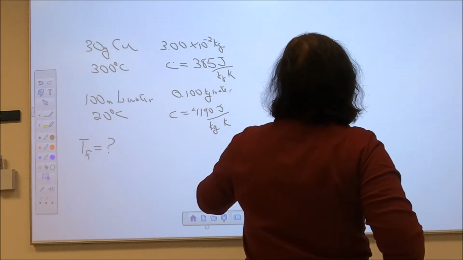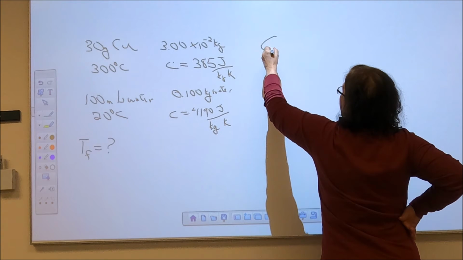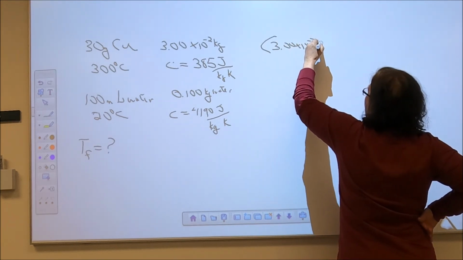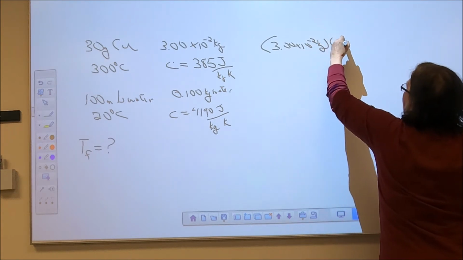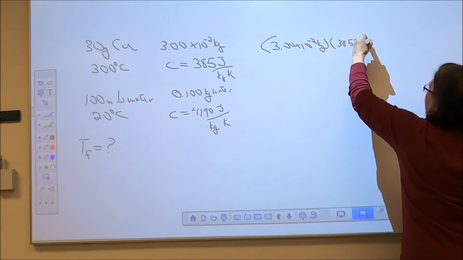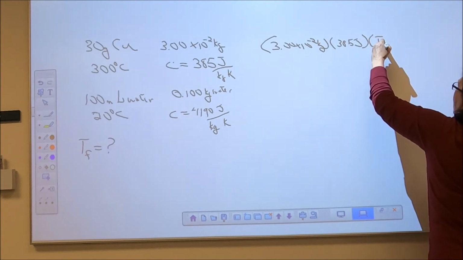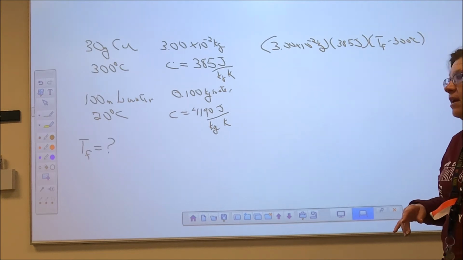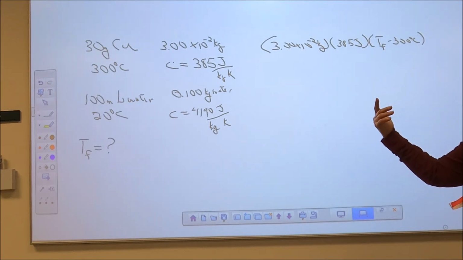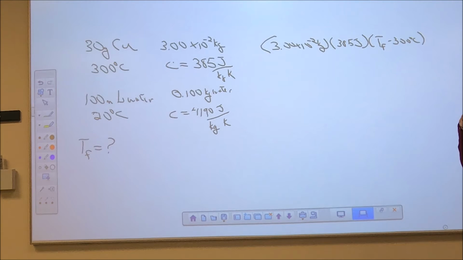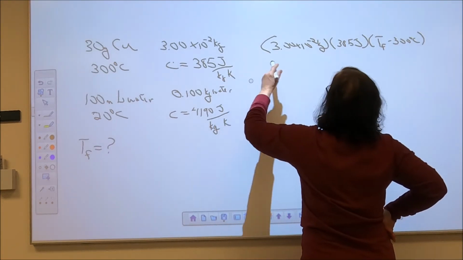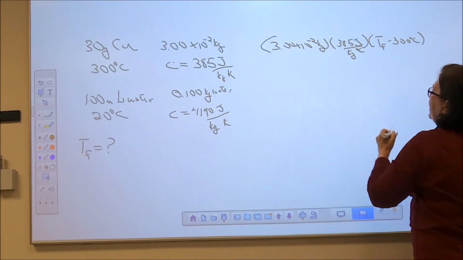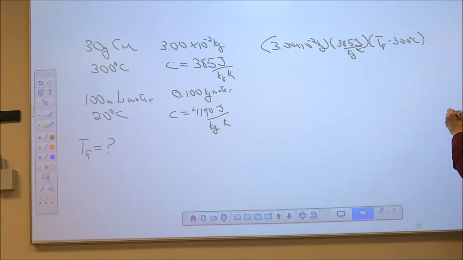Okay, so if I start putting this together, I have 3.00 times 10 to the minus 2 kilograms times 385 joules times T final minus 300 degrees C. I can use degrees C because a change in temperature in Celsius and a change in temperature in Kelvin are the same thing. I could also write this as joules per kilogram degrees C. Exact same thing.